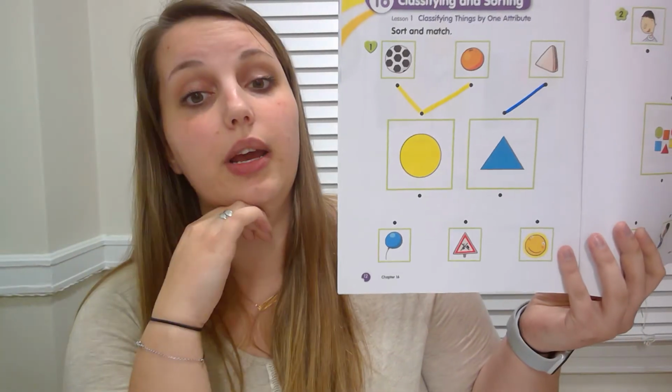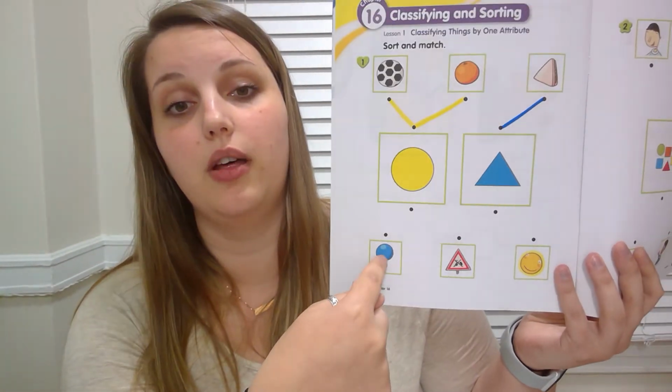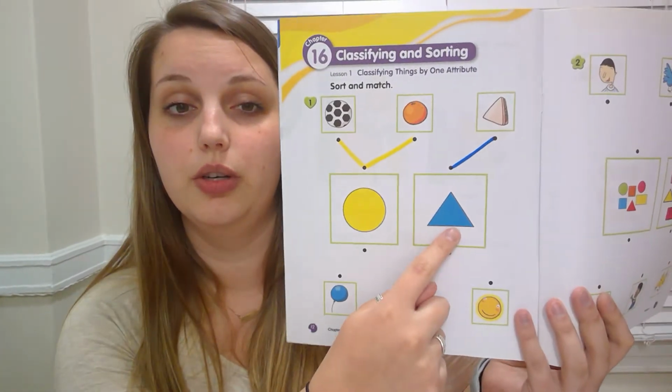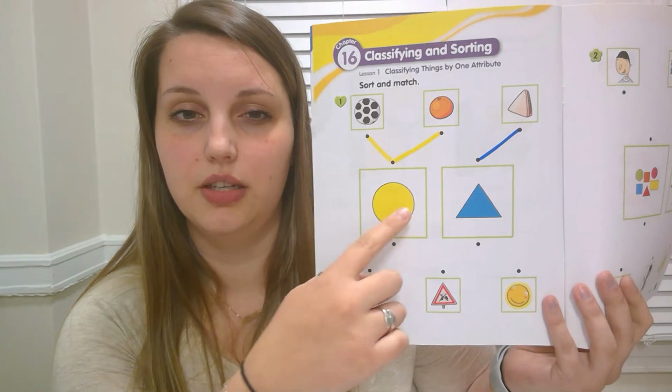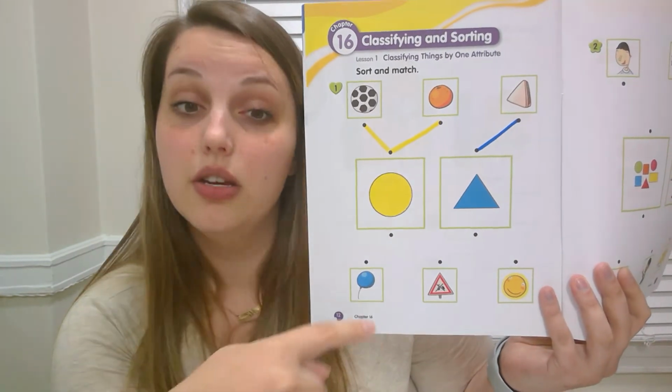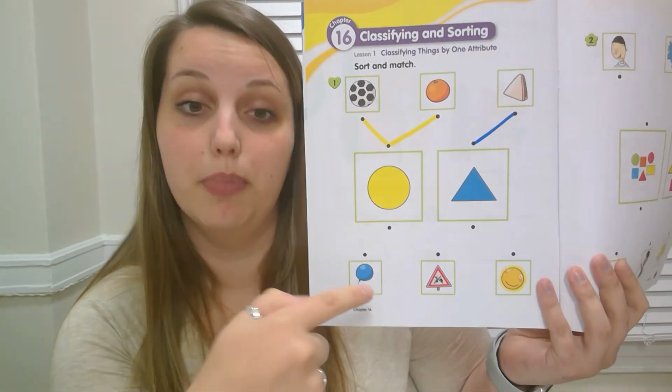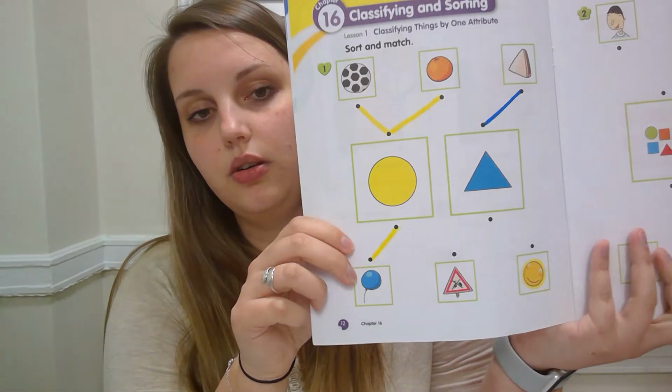Right, if we were doing it by color, we would put the line from the balloon to the triangle, but we're doing it by what object or which shape it looks like. So we would do it to the circle, right? Balloon to the circle. So take out your yellow and draw a yellow line from the balloon to the circle.